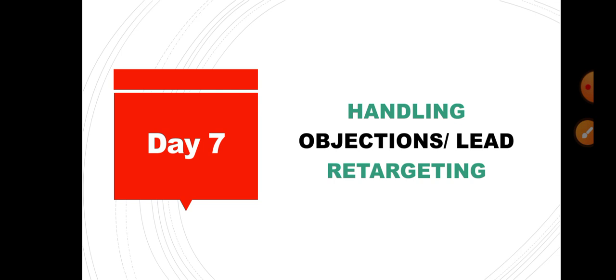When we know it, then we can use our 44 recommended strategies on how to handle objections to see which one will help in our response, and which will also help in converting these people. And when we have been able to see that this method will work, then we can now retarget them. Okay, so that is all that we are going to be doing in day 7.